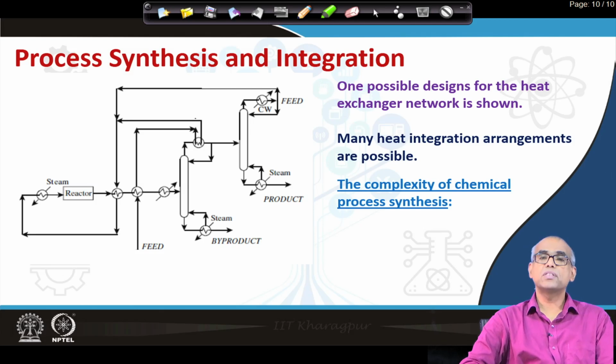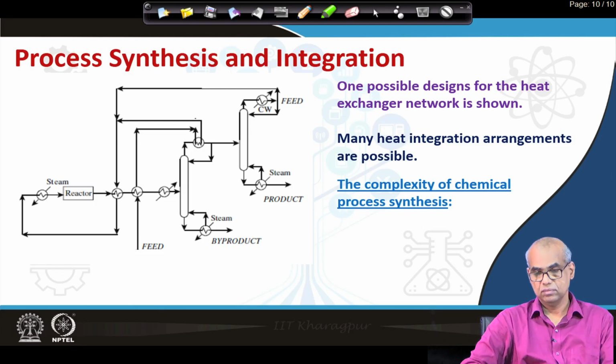So, whatever we have seen so far, what are the complexities of chemical process synthesis? On the basis of what we have discussed, we can say that the complexity is mainly twofold.